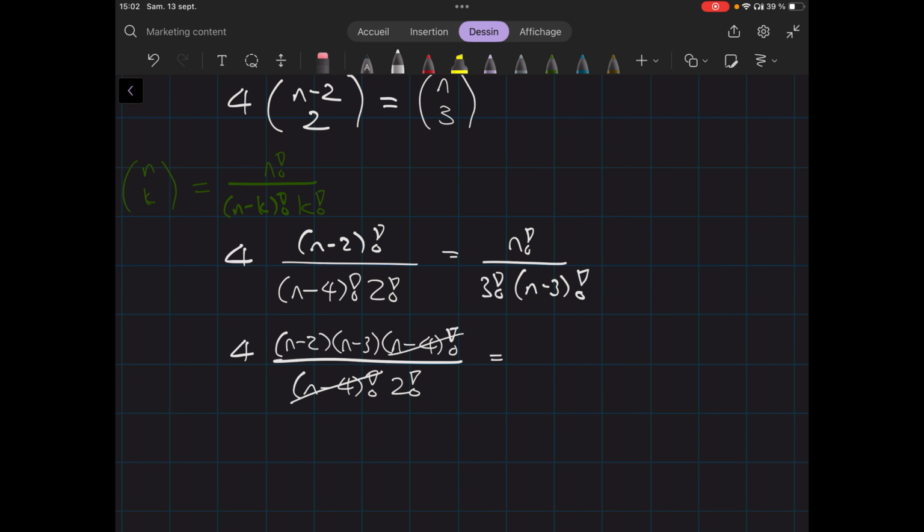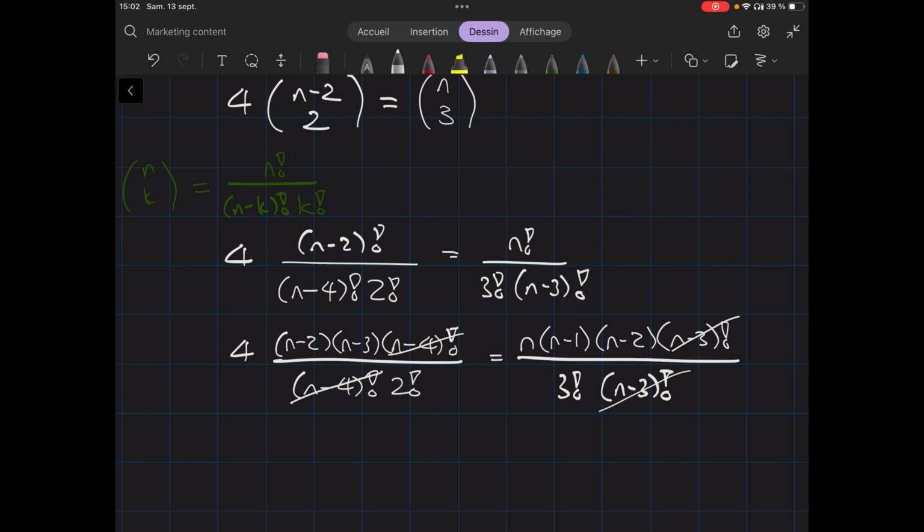On the right hand side, same idea. We are going to roll out one term at a time until we hit n minus 3 factorial. So n factorial is equal to n times n minus 1 times n minus 2 times n minus 3 factorial, divided by 3 factorial times n minus 3 factorial. And now we can cancel out the factorials.